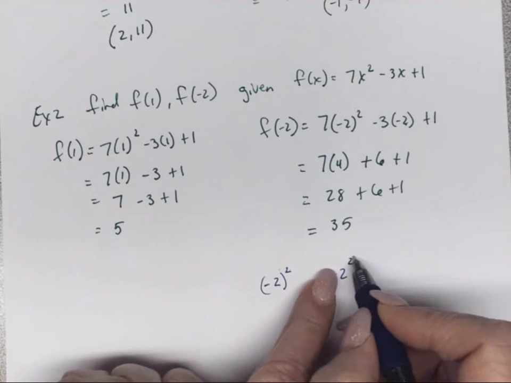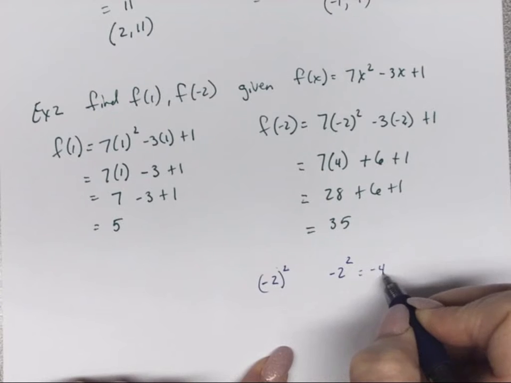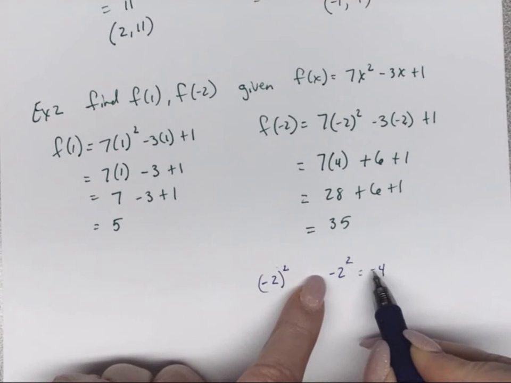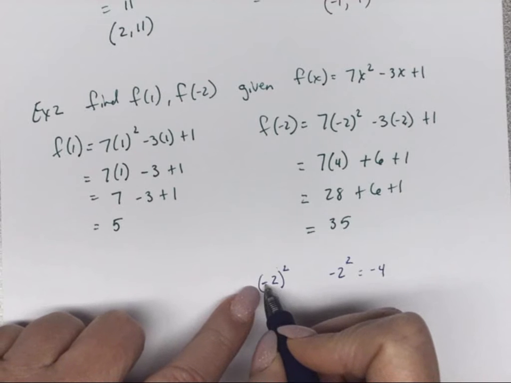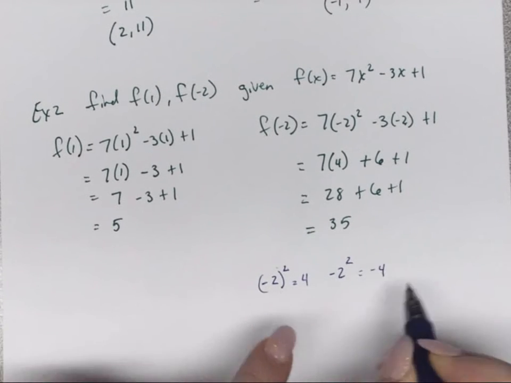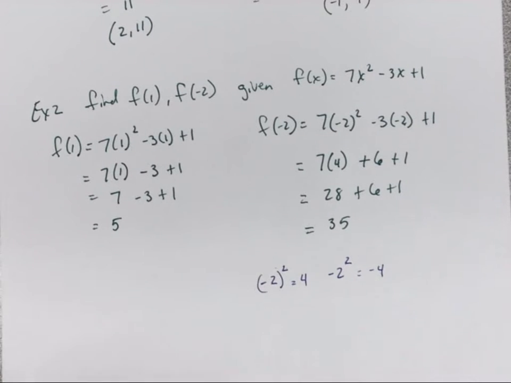This one, just the 2 is being squared, so this would be equal to negative 4, because 2 squared would be 4, keeping the negative. This one is negative 2 times negative 2, so this would be positive 4. So just understand parentheses do matter there, just to clarify.